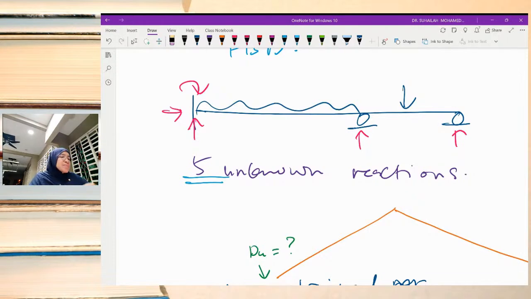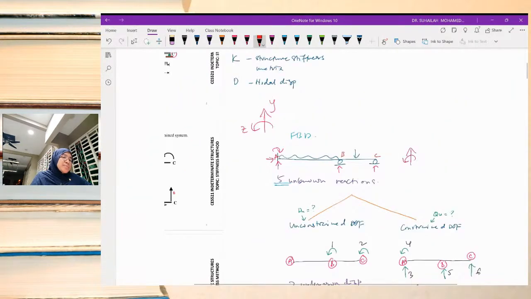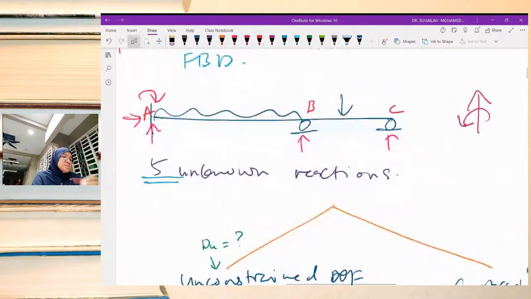Refer back to this, AB, this is A, B, C. Back to the question, this is 10 kilonewton, this is 1 kilonewton per meter.